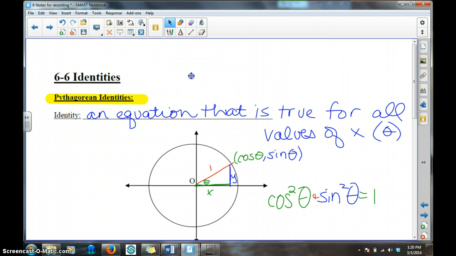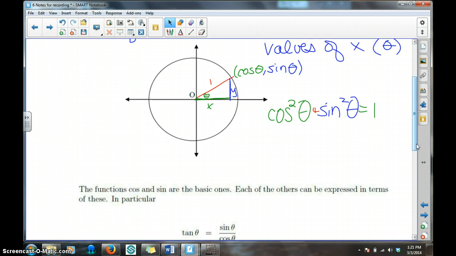Squared, but that's just a 1. That is our first, our fundamental, and our primary Pythagorean identity. There are 3. The other 2 come directly from this one. But the most important thing I need you to see is where that one came from.